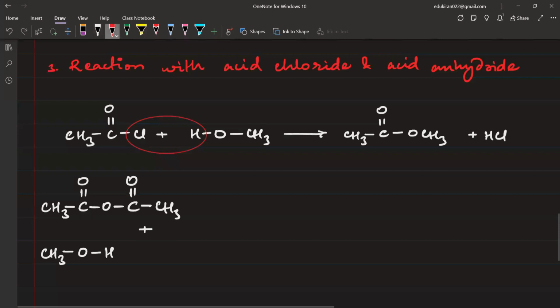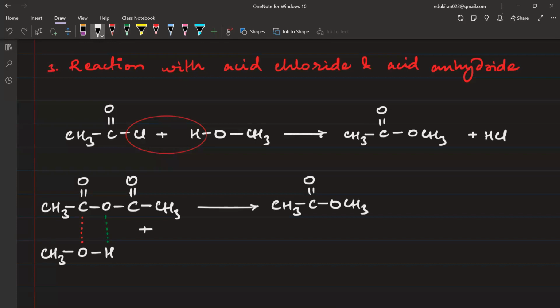Both of these are reacting. Carbon gets a bond with the oxygen atom like this, and this oxygen gets a bond with a hydrogen atom. The product that we are going to get is CH3, C double bond O, and this carbon is now bonded with OCH3, plus CH3 and C double bond O, which is further connected with oxygen, and this oxygen is now connected with hydrogen, so we write OH.